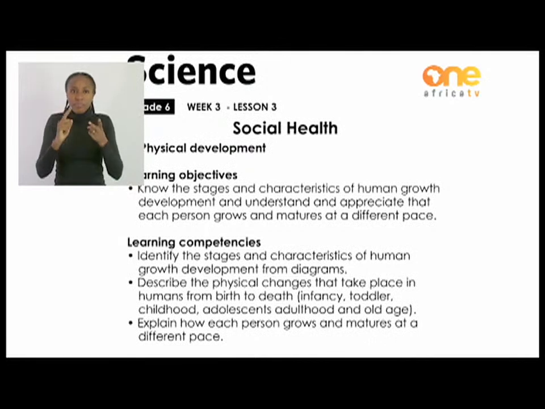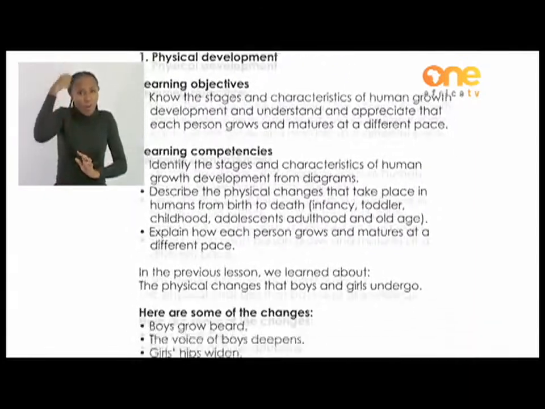Second competency: we'll be able to describe the physical changes that take place in humans from birth to death. It means what happened to us as human beings during our lives. The third competency: we'll be able also to explain how each person grows and matures at a different pace.